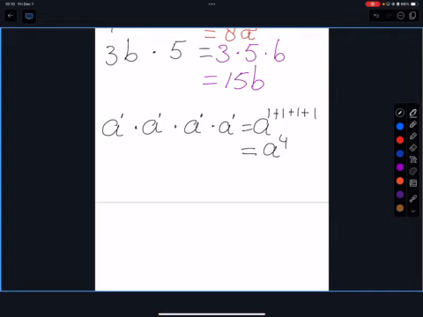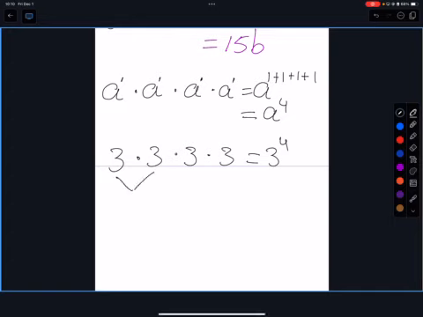To give an example, substitute a with the number 3. 3 times 3 times 3 times 3. Supposedly, my answer should be 3 to the power of 4. Supposedly. The question is, is it correct?